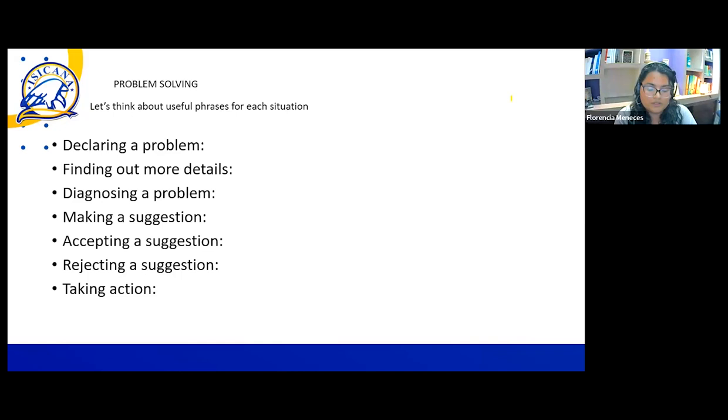There was a listening activity that you had to complete that is related to this idea of declare a problem. The easiest one, okay, it seems we have a problem, or there is a problem related to the, I don't know, connection, to the teamwork, okay? What about finding out more details?